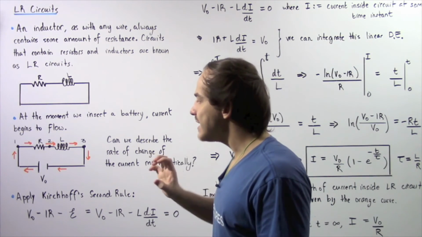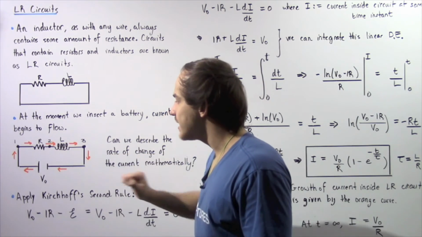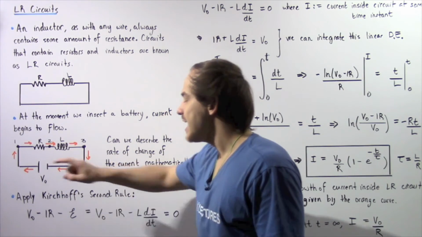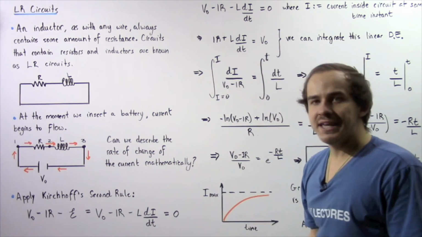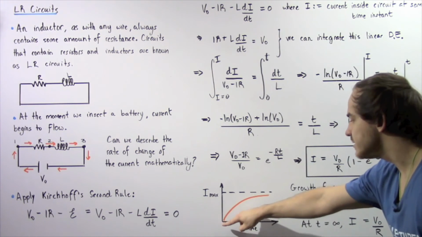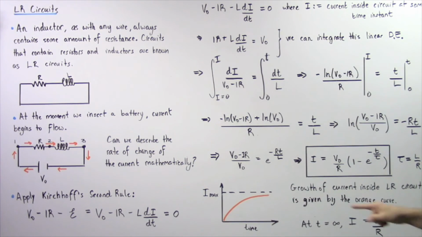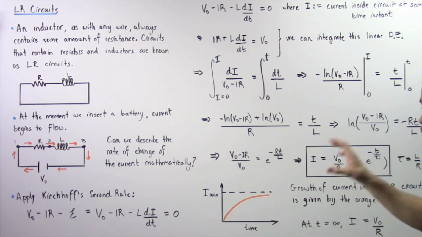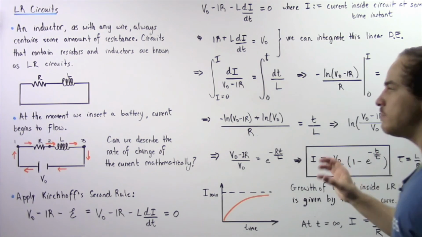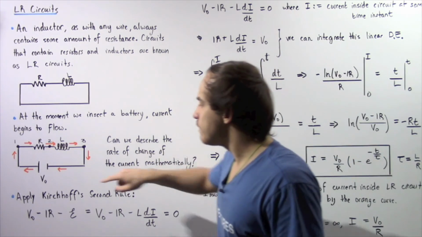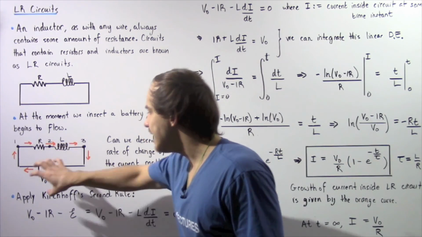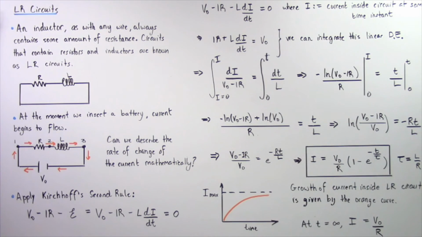This curve essentially represents the rate of change of our electric current. Once we place our battery inside our electric circuit, our electric current will begin to increase according to the following curve. This curve represents the growth of our electric current inside our LR circuit once we place our battery with the voltage given by V0 into our electric circuit.